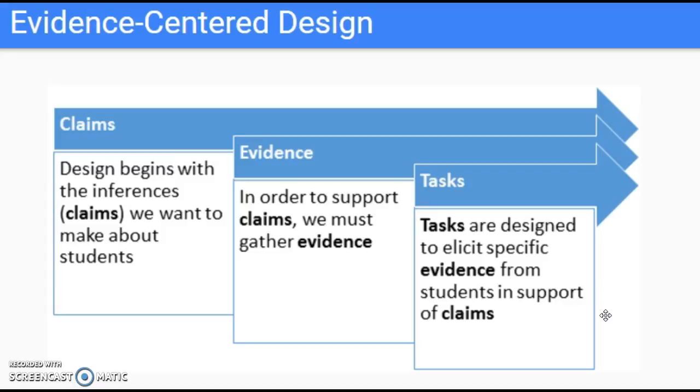We know that there are 3 performance tasks on the ELA Literacy PARCC assessment: a literary analysis task, a research simulation task, and a narrative writing task. These tasks are designed to elicit specific evidence from students that can support the master claim of whether or not they are on track for college and career readiness.